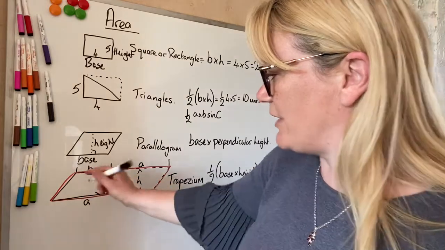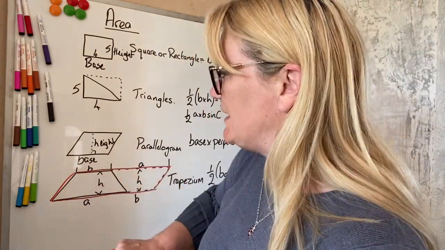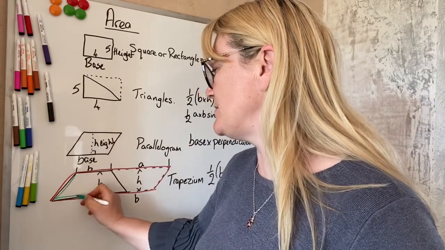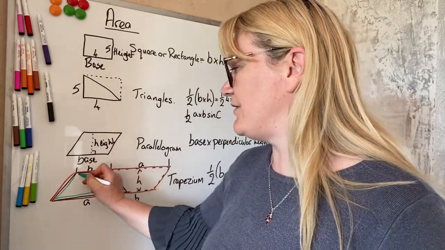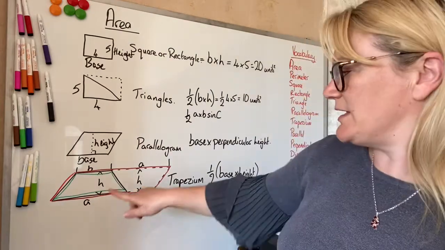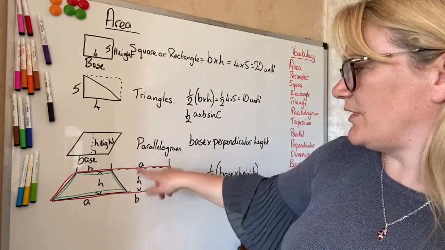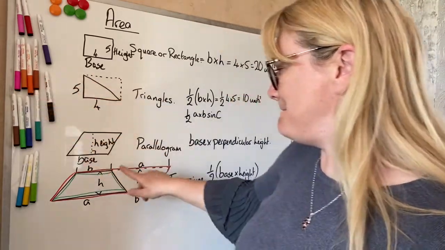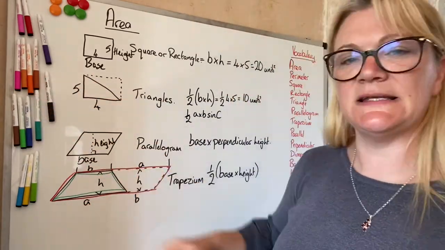So just to get the area of this trapezium, this one here, let's do it in green so you can see which one I'm talking about. Just to get the area of that bit, we're going to need half of the whole parallelogram, and that whole parallelogram would be the base times the height.